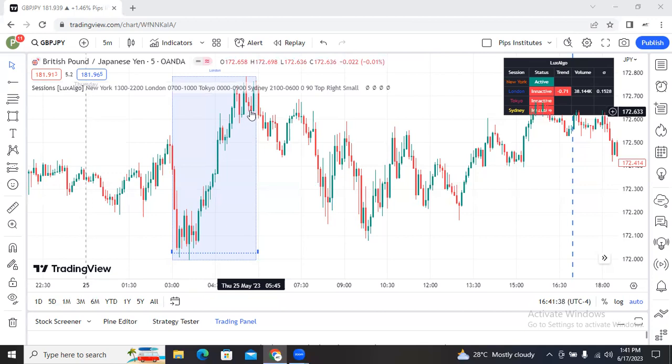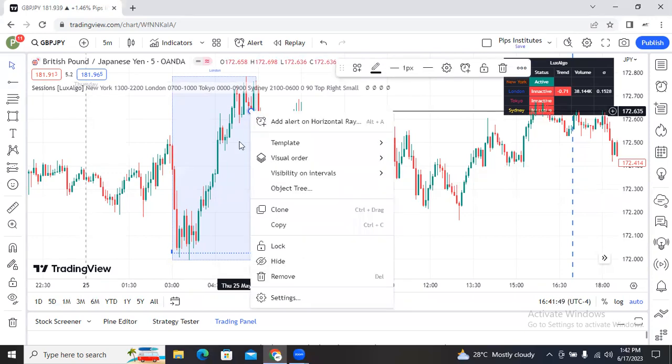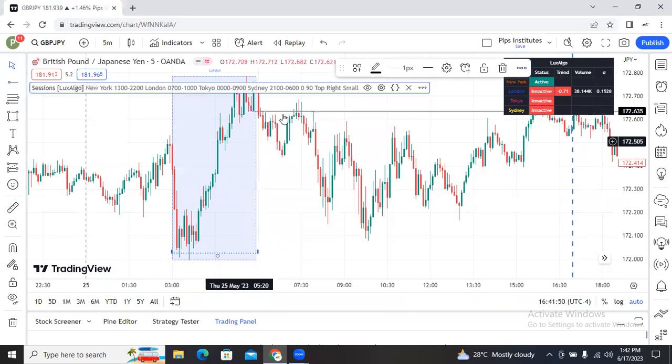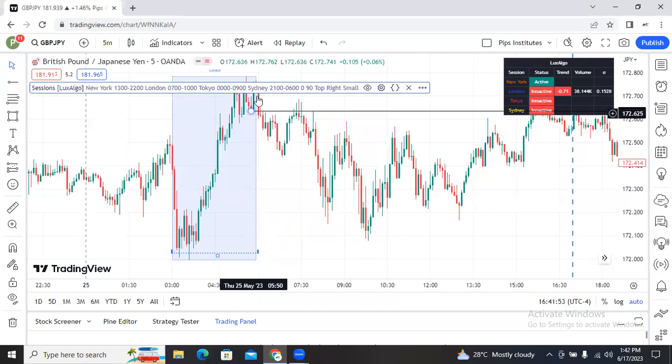This was our change of character candle. Let me show you. So this was where the change of character took place, because once this candle moves up and then comes back here, it closes below this candle.